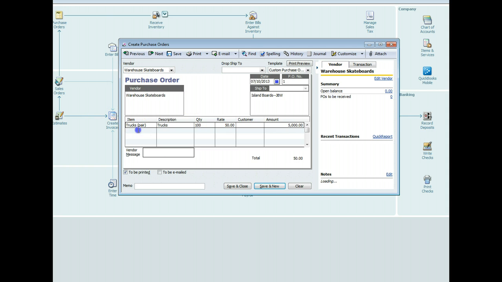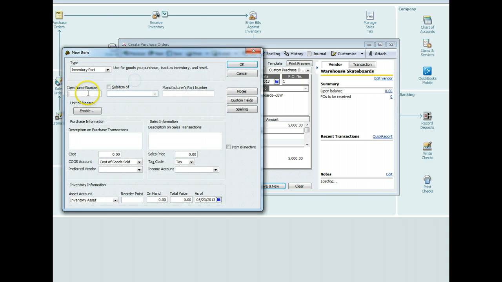Okay. I'm also going to order wheels. Let's get the wheels in here. Set of 4. Okay. Wheels.